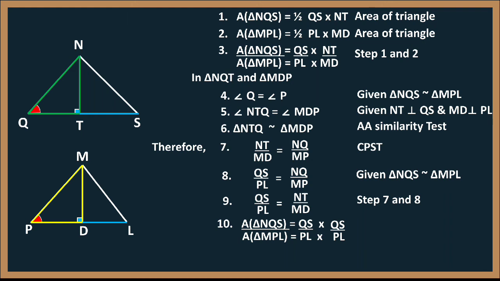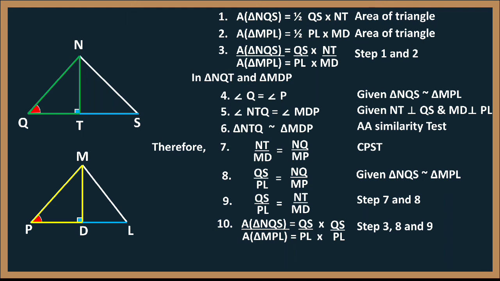So QS into QS is QS square upon PL into PL is PL square. I have not written that step, but you know, when two sides are multiplied, there's a square coming in over there. So similarly, this is from step number 3, step number 8, and step number 9. These are the steps which are helping us to conclude this entire step.